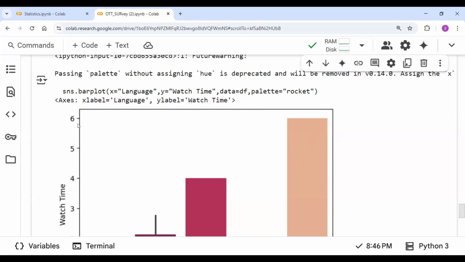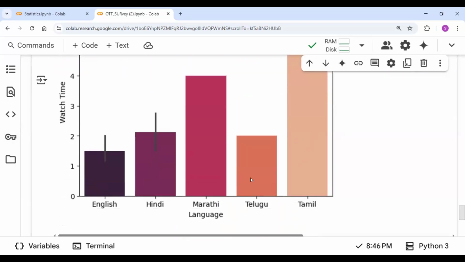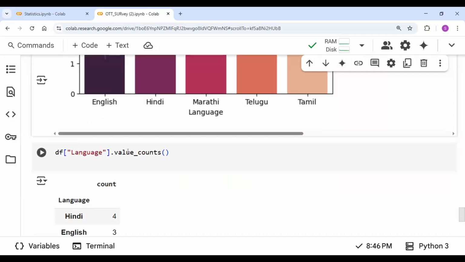Tamil language has been watched for the maximum watch time hours. And Telugu people are watching like 2 hours. Marathi is nearly 4 hours, and Hindi language has been watched for 2 plus hours. English language, like 1.5 hours of watch time. So these interpretations you can do.